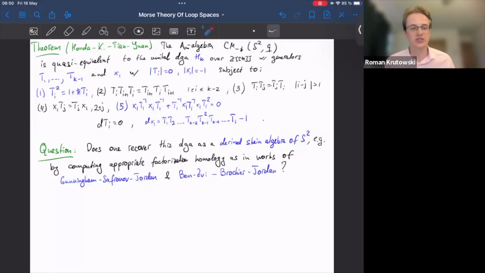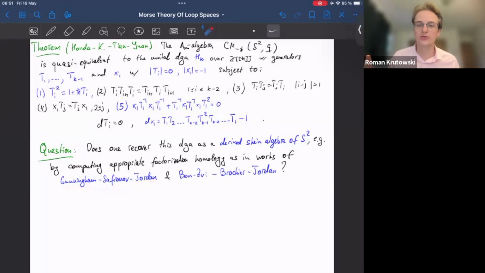So we raised this question of whether one can recover this DGA as a certain derived skein algebra of S2, for instance by computing an appropriate factorization homology, say with values in the ribbon HOMFLY-PT skein category, in the sense of the works of Cunningham, Safronov, and Jordan, and Ben-Zvi, Brochier, and Jordan.